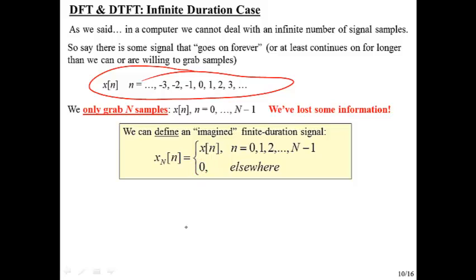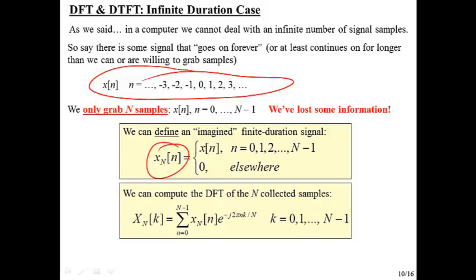So we have this idea of an imagined finite duration signal. We're just imagining zeroing out all the values that we haven't actually collected. So the same information is in x sub N as the actual samples that we've actually collected. That's the important point here.